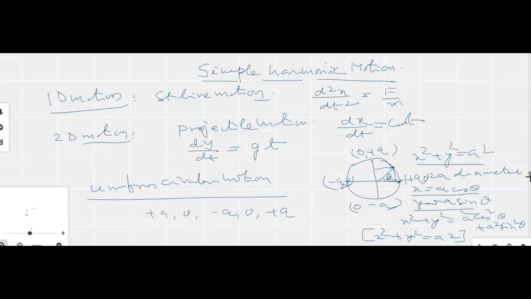So this is the starting and this is the ending. This is one cycle. In one cycle, the projection changes from plus a to minus a, and then goes back to plus a.